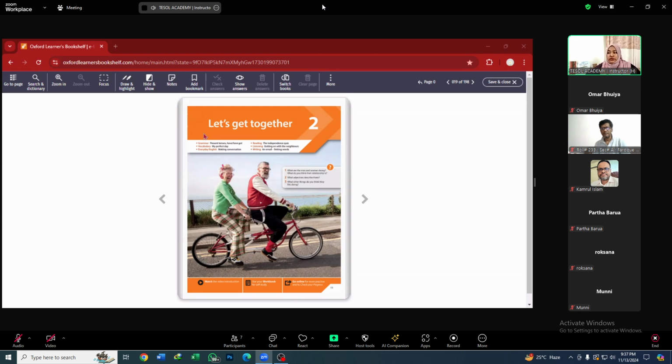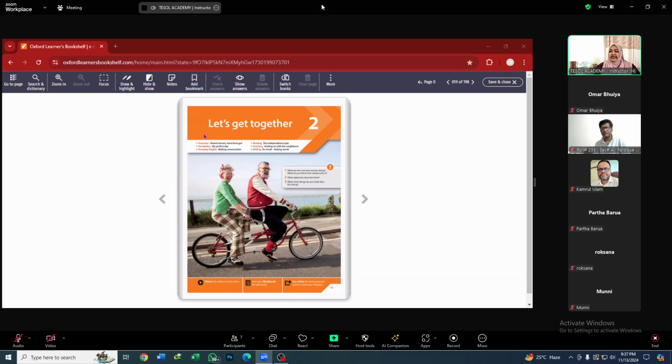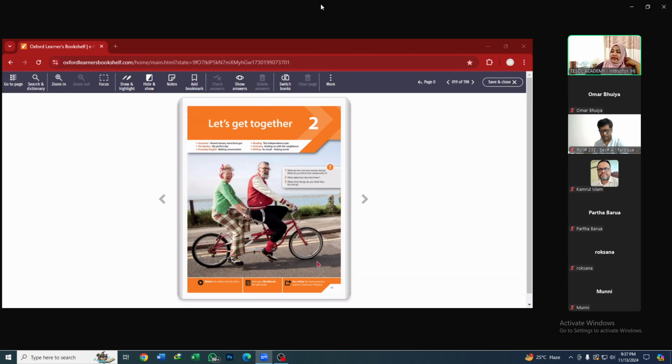Our second unit is the same as well. We have activities based on listening, speaking, reading, and writing, and then activities based on the improvement of our grammar, vocabulary, and pronunciation, as it was in Unit 1.